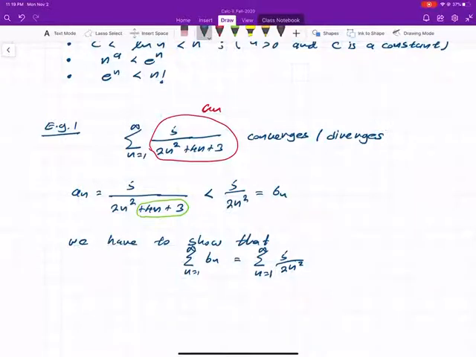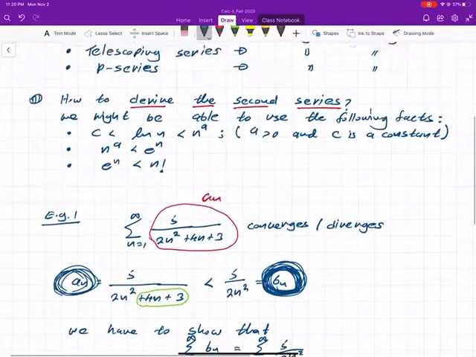Why this? You know Bn is greater than An. Now you have to show Bn is convergent. If this one is convergent, this is convergent. If this one is divergent, you can't tell anything about that. That's how the theorem works.